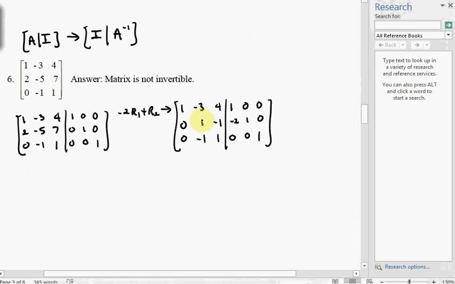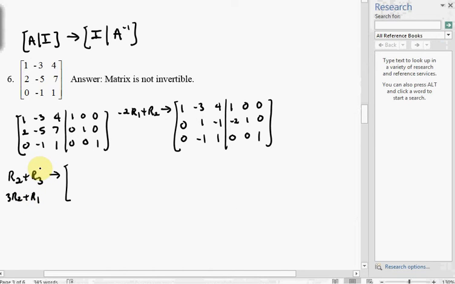Now we'll take this leading 1 at A22, excuse me, and get zeros below and above. Something interesting happens when we do that. So let's say here, row 2 plus row 3. And once we do that, we say as well, 3 times row 2 plus row 1.